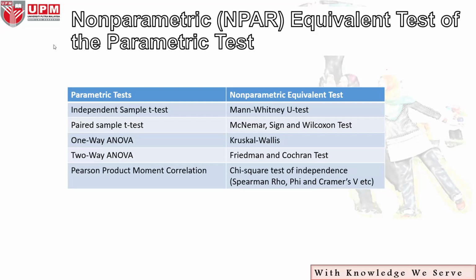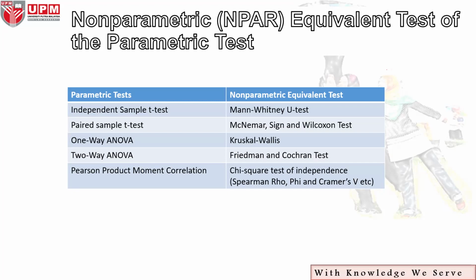By the way, before you directly decide to use the non-parametric test, there is another option: transform your data first. If at the first stage we found that our data is not normal, then we can run the transformation function, and then test again whether our data are normal or not. If still not normal, then we have no choice, we proceed with non-parametric statistics. Later on, inshallah, I will share with you on data transformation as well.